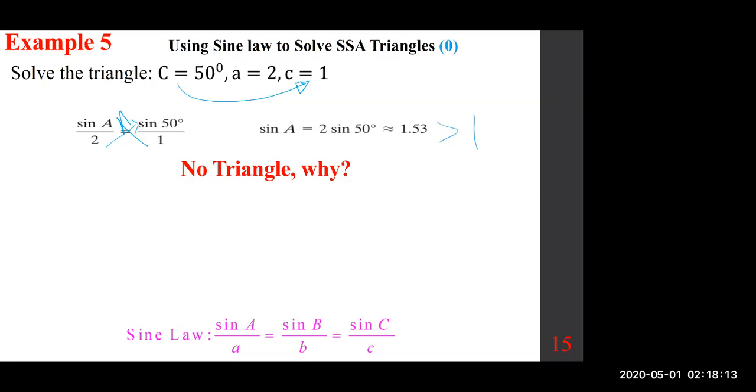No. That's why it fails. So as we go through the process, sine is between 0 and 1. It can give us 1 solution or 2 solutions. If sine is larger than 1, no solutions.